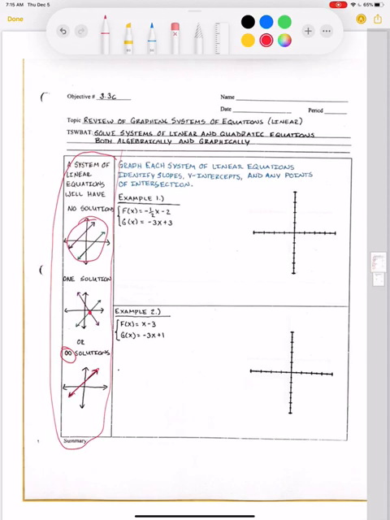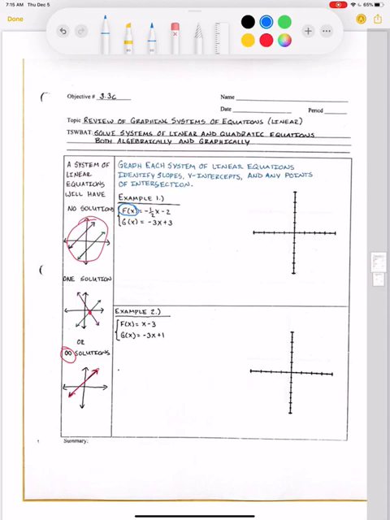So let's go ahead and look at our first example. I have f of x equals negative 1/2 x minus 2, and g of x equals negative 3x plus 3. I'm going to be graphing f of x in blue.